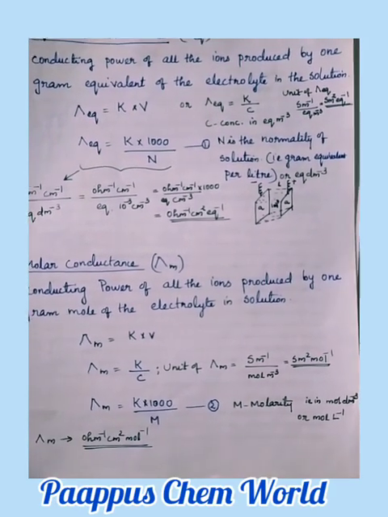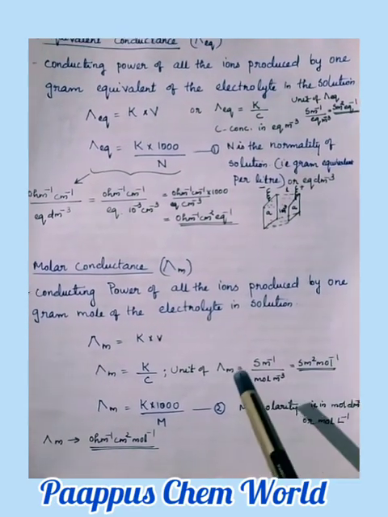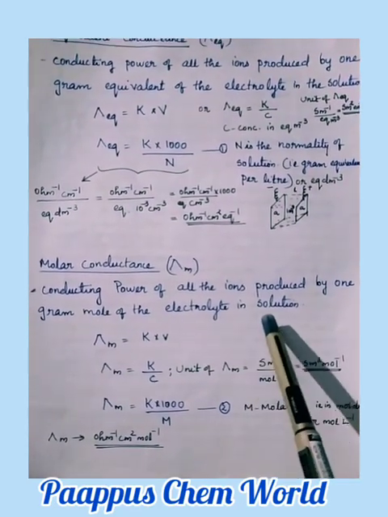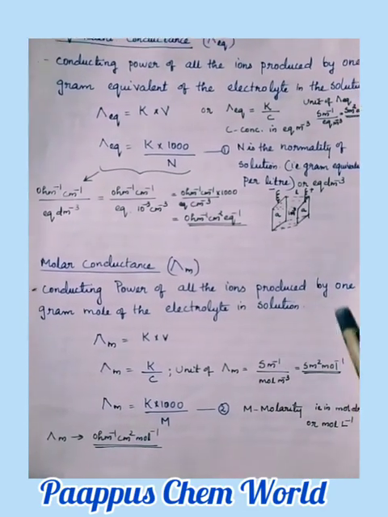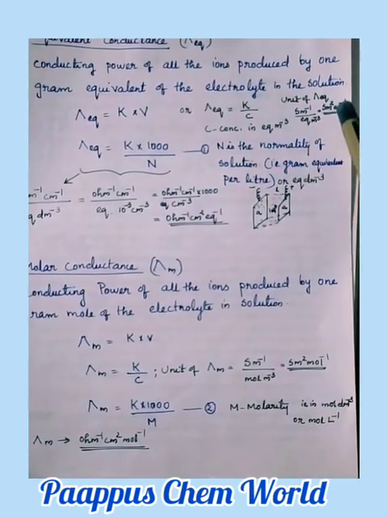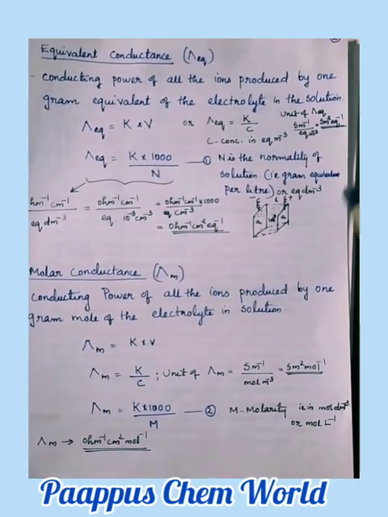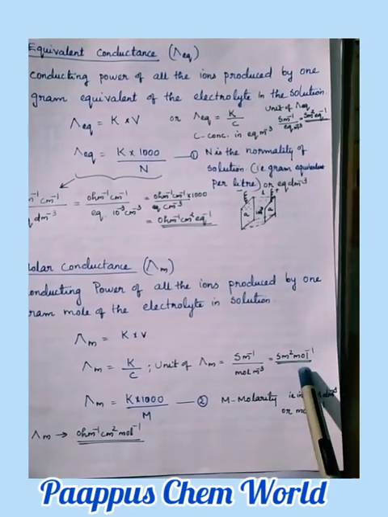The equivalent conductance is the conducting power of gram equivalent of electrolyte. But in molar conductance, it is the conducting power of gram mole of electrolyte. So the unit of equivalent conductance is Siemens meter square equivalent raised to minus 1, but the unit of molar conductance is Siemens meter square mole inverse.